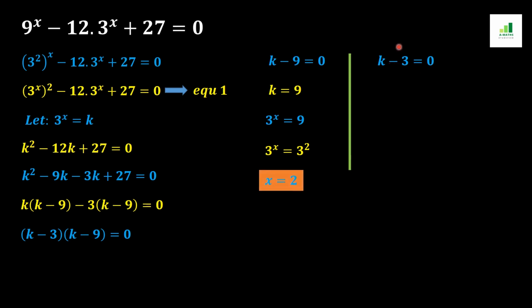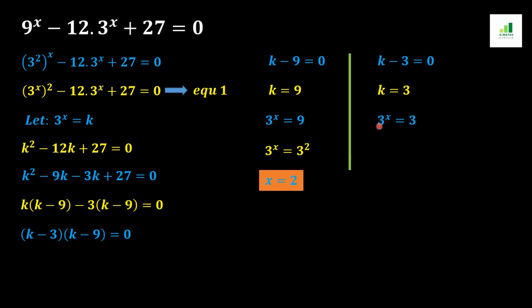Now in the next step we should solve this expression, and this minus 3 will move to the other side of the equation, and we will get k equals 3, because this minus 3 will move to the other side and convert to positive 3. Now this k will be replaced with 3 to the power x, from our supposition.